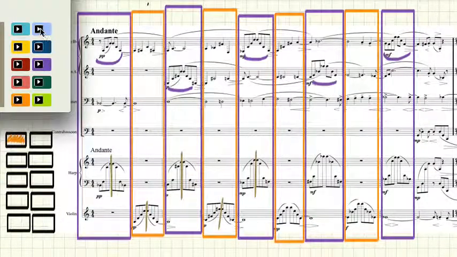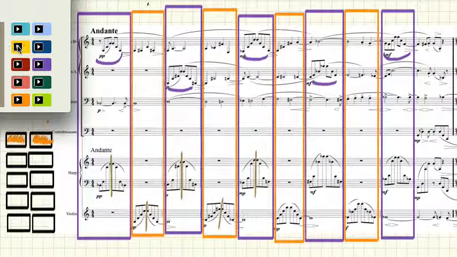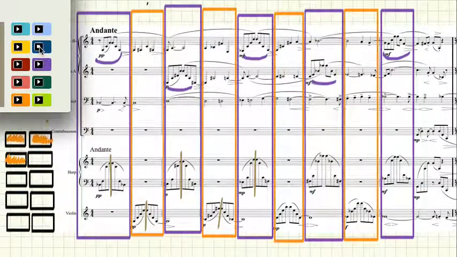The second one. This is clearly the violin. Okay. Third. And violin again. Violin again. There. Okay.